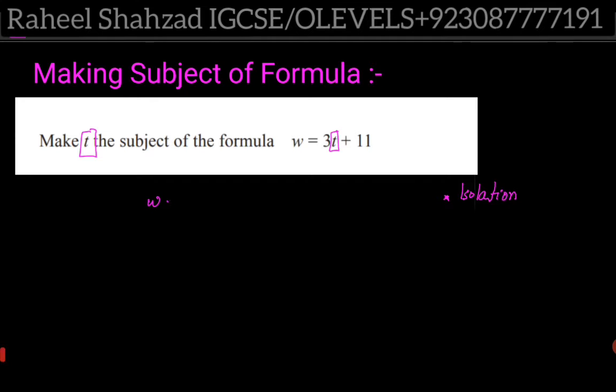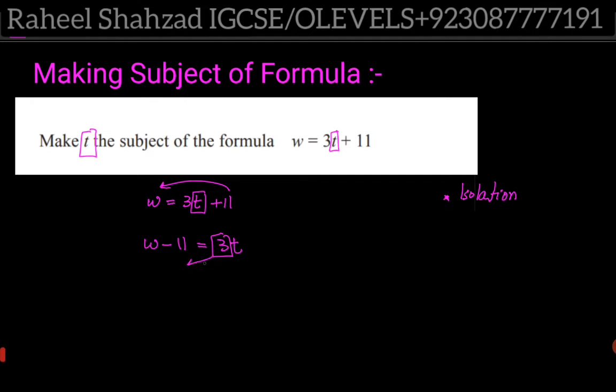For instance, here you go. So we have w is equal to 3t plus 11 and we need to separate this t here, okay. So first of all we need to take this 11 on other side, so you could say w minus 11 is equal to 3t, right? And we're looking for t. This 3 is being multiplied here.